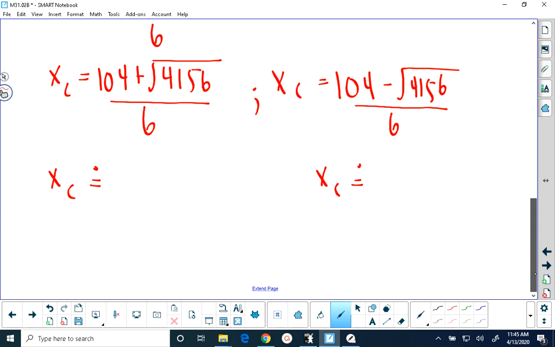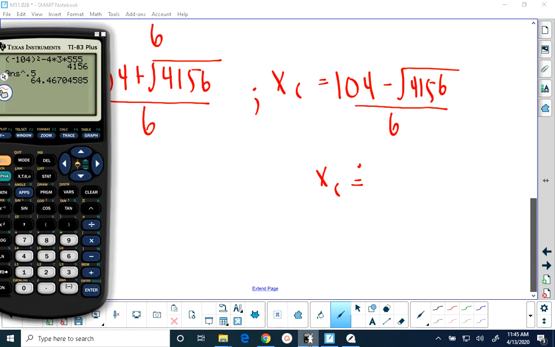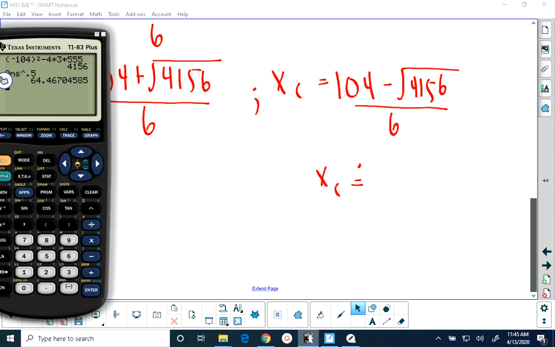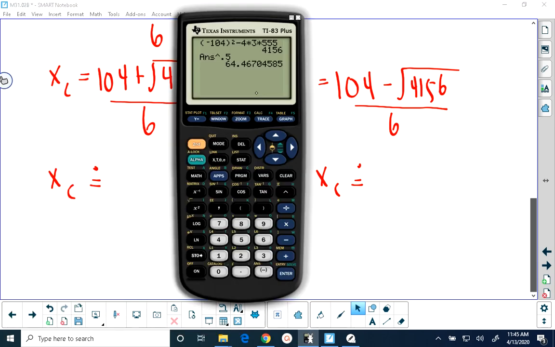It's going to be an approximation in decimal form. Okay, we have 104 plus the square root of 4156. And then we have to divide that whole deal by 6.